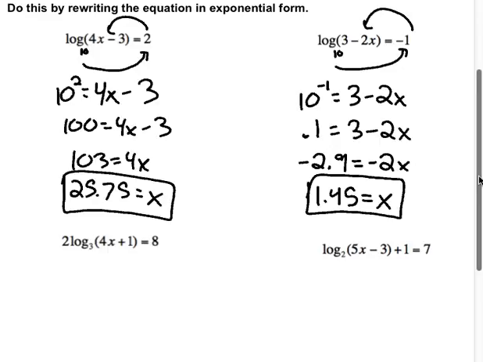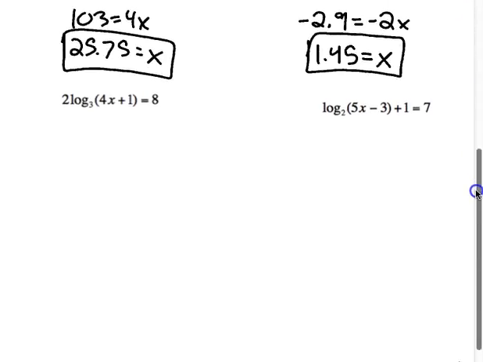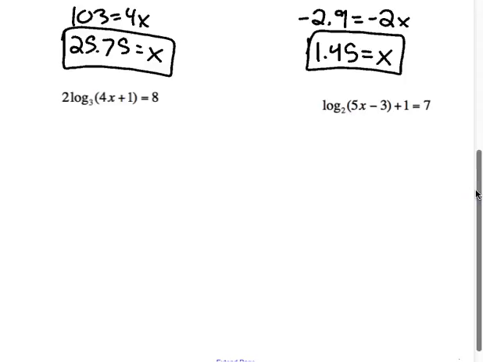Okay, now of course, you do have to take care of anything that's on the outside first. So in this instance, I need to divide that 2 off. Okay, now that I have that log by itself, now I can rewrite it.